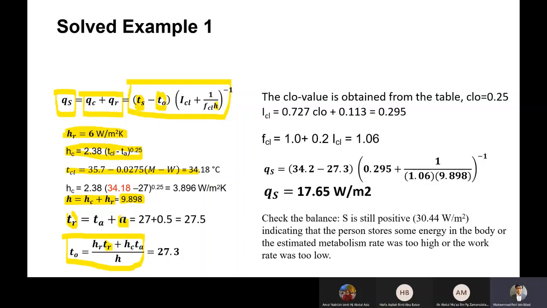I'm assuming you are inside a room at a temperature not so high, so the additional temperature is very low, which is 0.5. So we find out the operating temperature is 27.3 degrees Celsius. Okay, so we get To done.